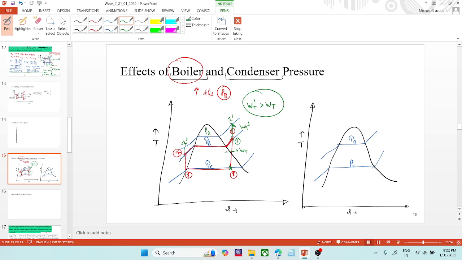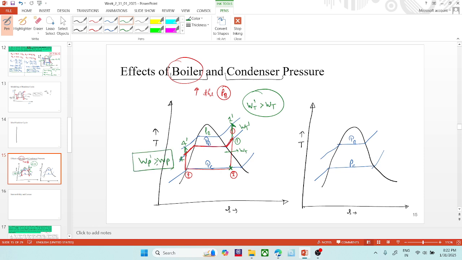Next, the pump work is also increased. This point 4 moved to the point 4 dash, so that the pump work is also increased from the earlier pump work.